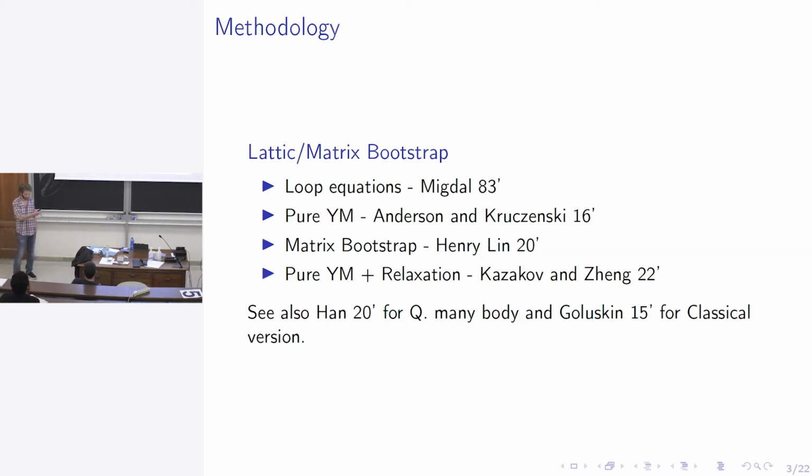But if you don't know this, I will explain all of the methodology that we used, you can think of it as an introduction to this. So also I have to mention Han in 2020 used a similar approach for quantum many-body systems. And actually, even before these papers, Gulowski in the math literature used a very similar approach for a classical limit of Hamiltonian systems to constrain the classical limit.